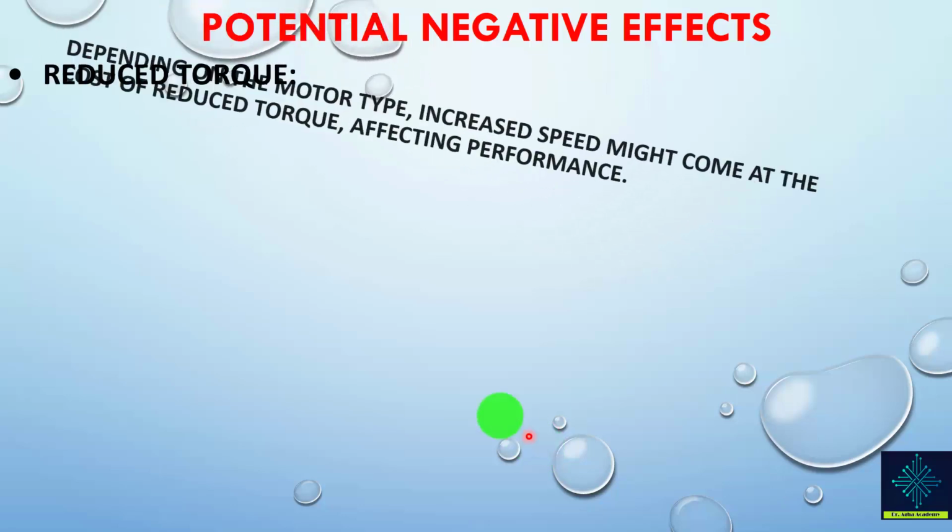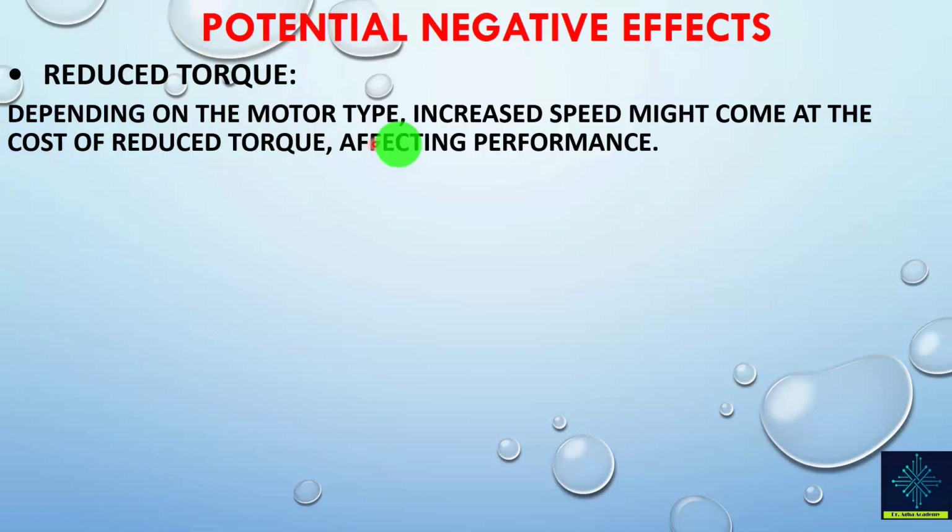One more problem is the reduced torque. The increase in speed might come at the cost of reduced torque, affecting the performance. If it's designed to start with a certain type of load, maybe the motor would not be able to start with the designed optimum load.